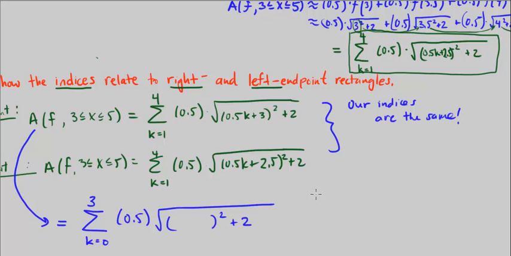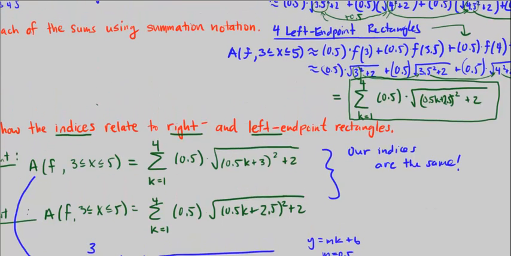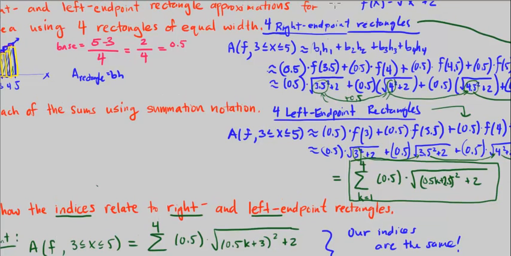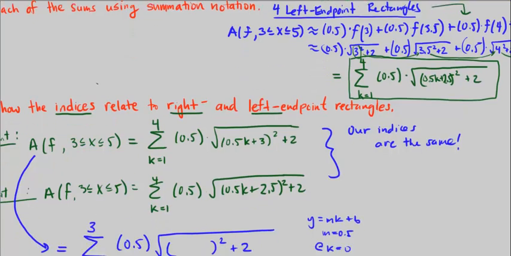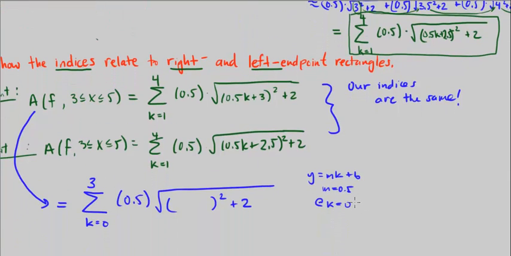Again, I know this something here is a linear series in the form of y equals mk plus b. M I know is 0.5. I'm just redoing this so we can see another pattern. When k is equal to 0 now, my first term for my right endpoint is going to be 3.5, so it's going to be at k is equal to 0.